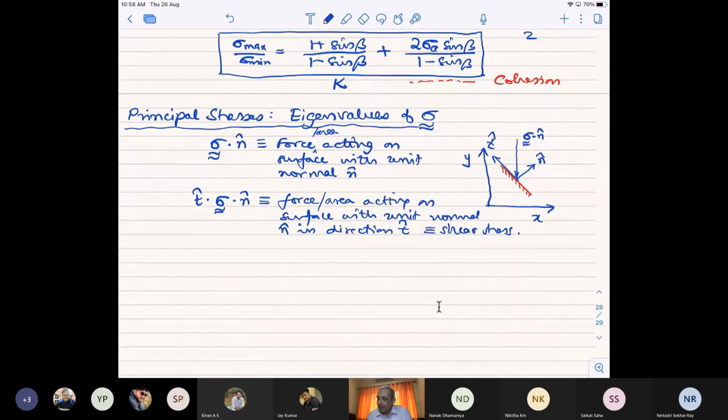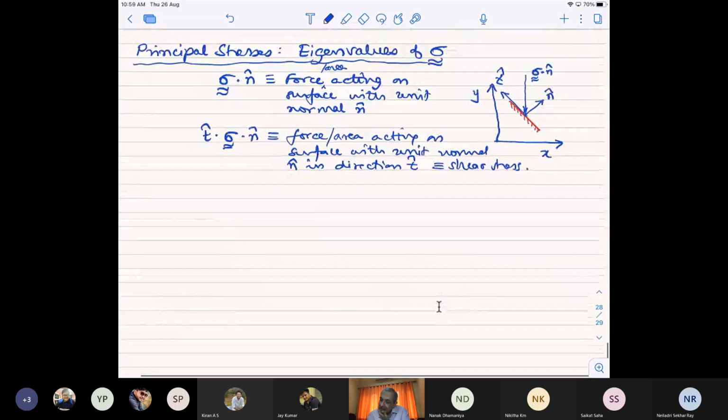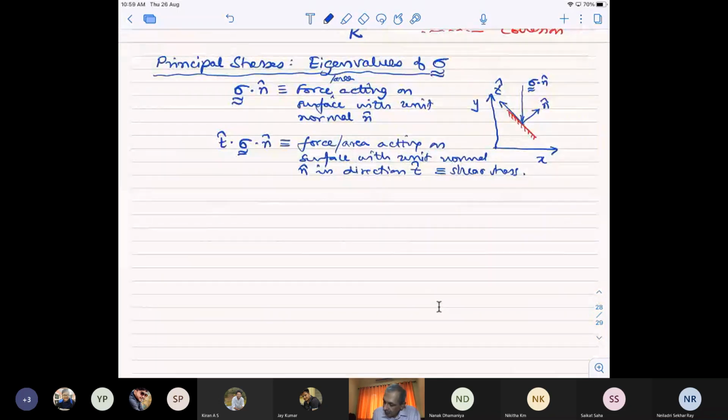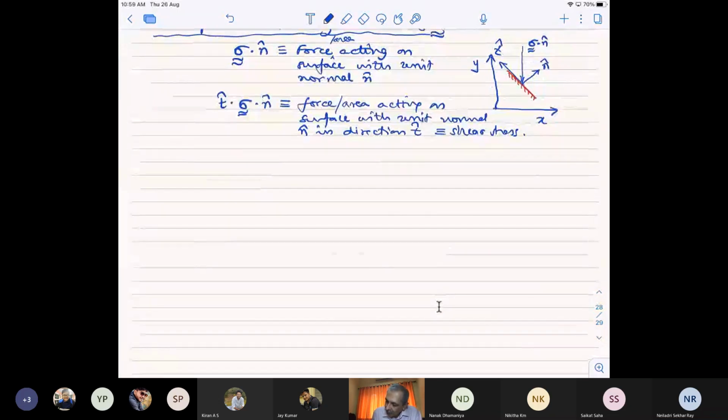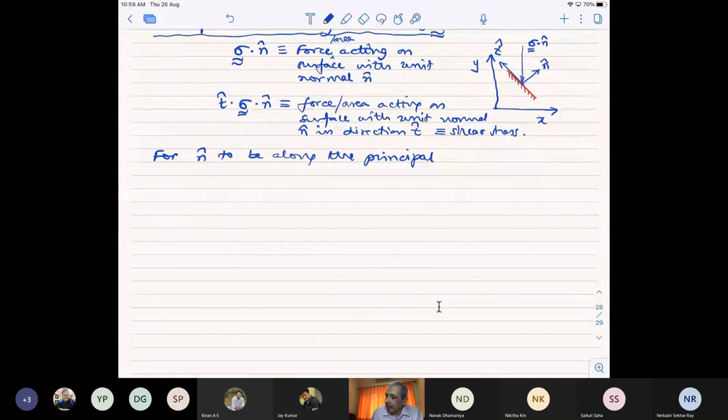Now what do we want? Our principal axes are such that when n is along the principal axis, the shear stress is 0. So this is what we have already found out.